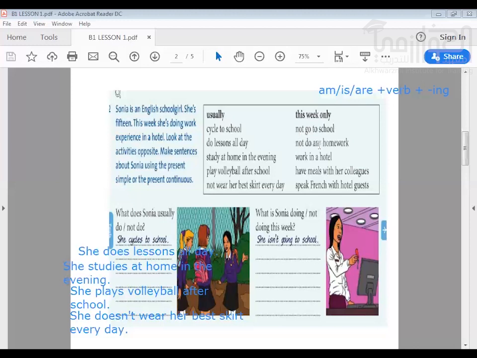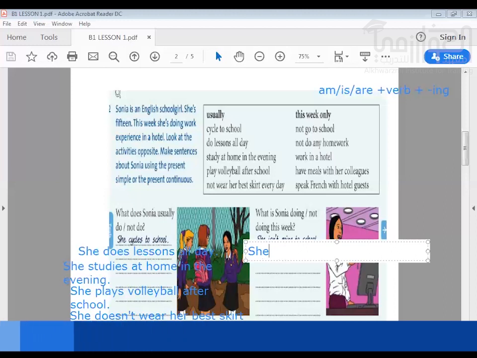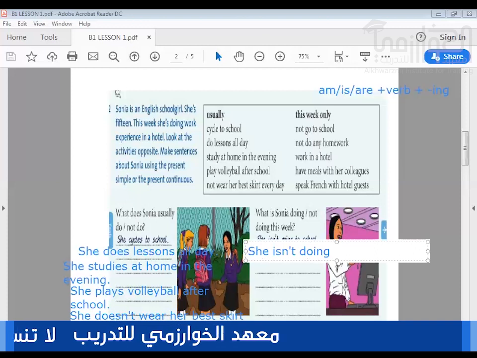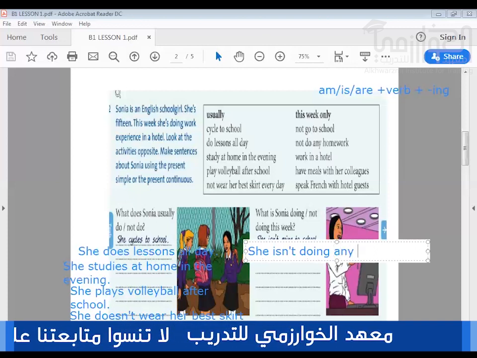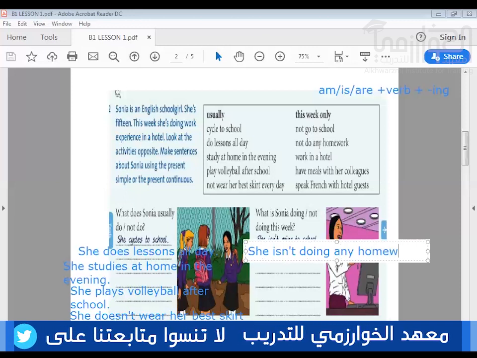And then here, what should be the answer? She's not doing any homework. So we have here, she's not or she isn't. You can choose any of them. So let's say she isn't doing any homework.